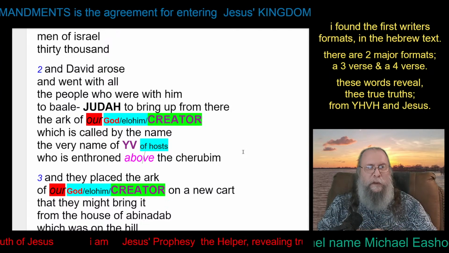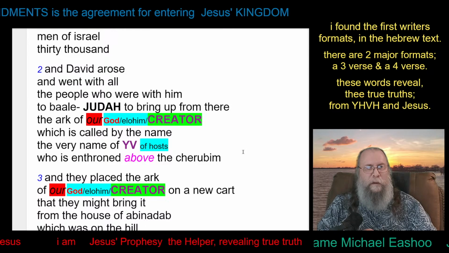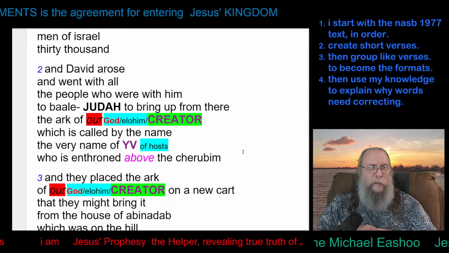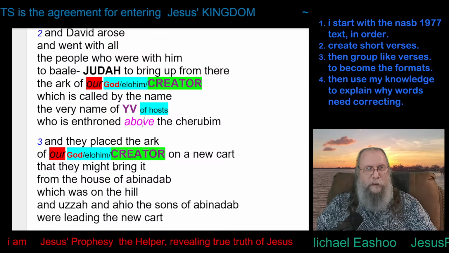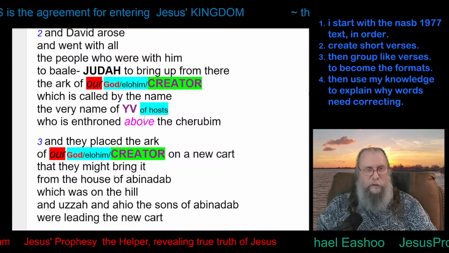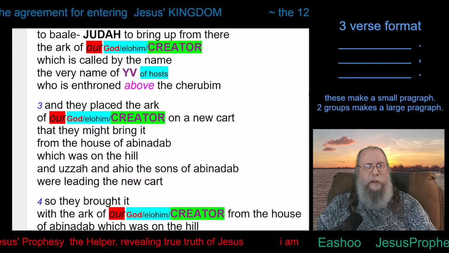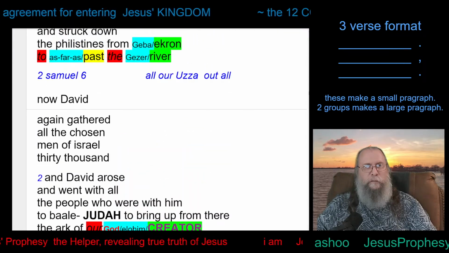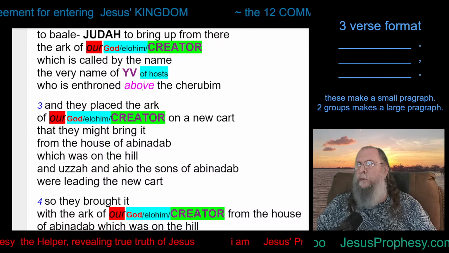So, and they placed the ark or the chest on a new cart, and that was wrong. Now here's this guy here, but that's not what the story says.